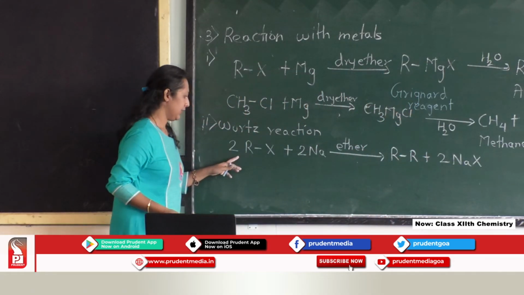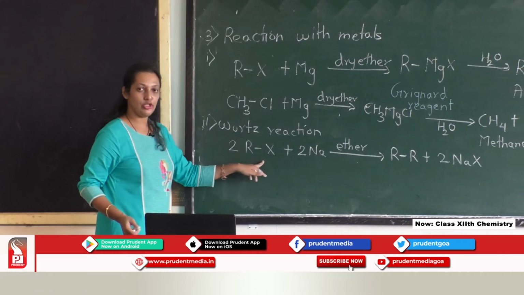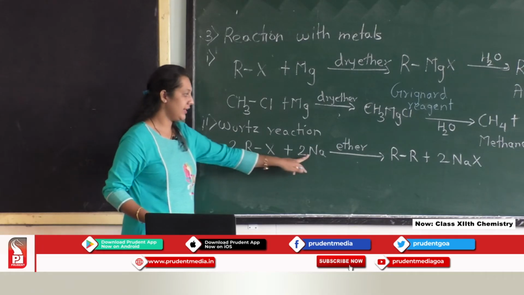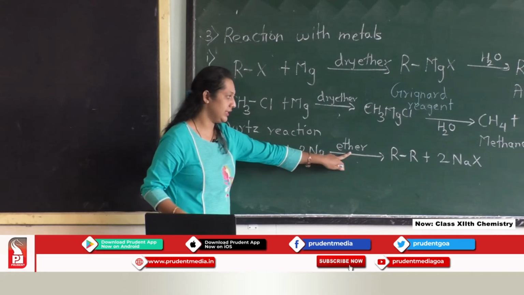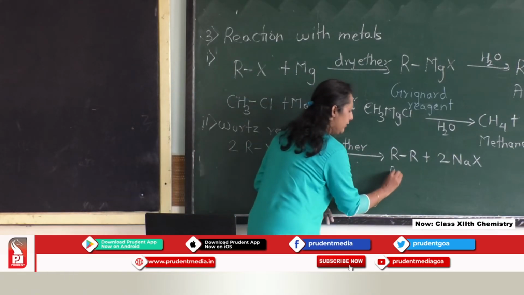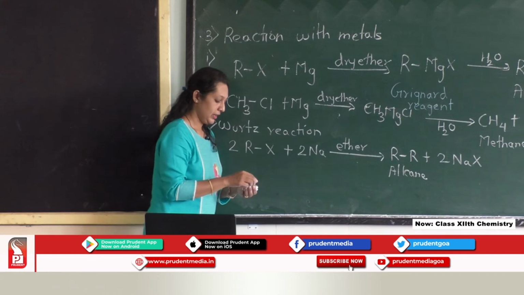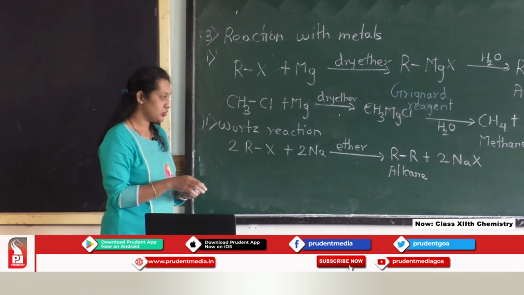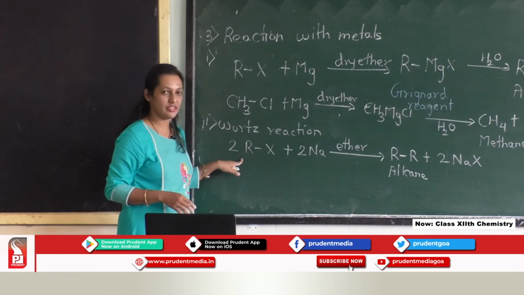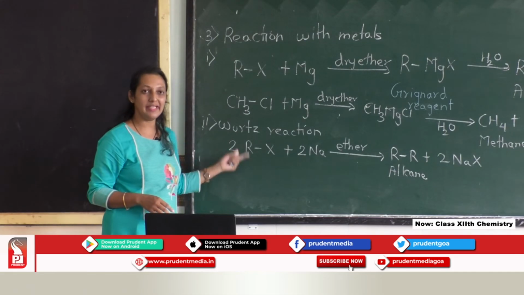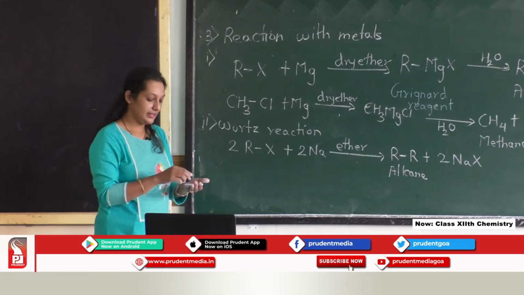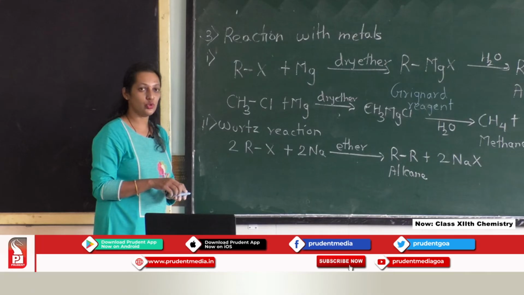When we consider two molecules of an alkyl halide and treat that with sodium metal in presence of ether, we are going to end with an alkane plus 2NaX. I always tell my students, when this reaction is given in this way, you have to split it, so that it will be easy for you to show the removal.